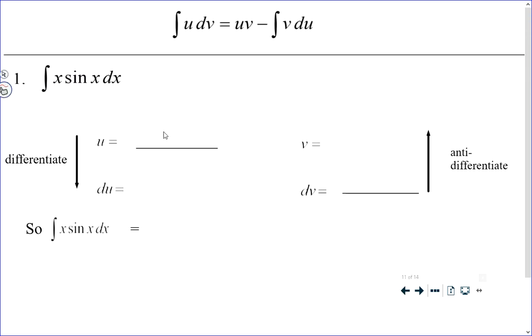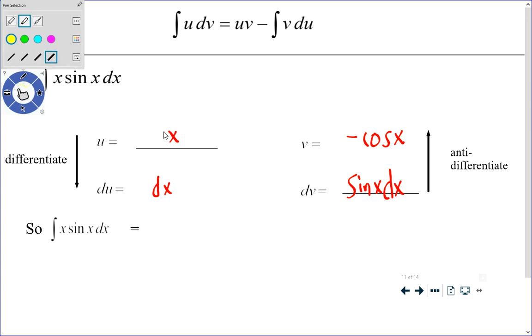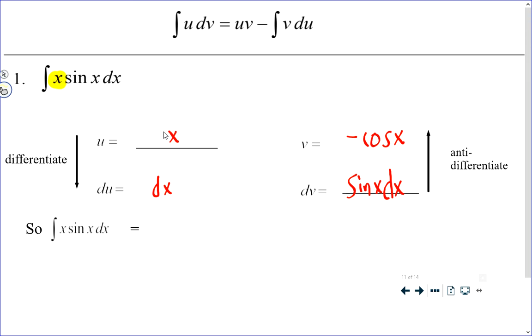So if you did example 1 with Leibniz's notation, you would choose x as u, which would mean du is dx. You would choose sine x dx as dv, and you would get negative cos x as v. One of the things I like about this is that the thing you choose for f of x is u.